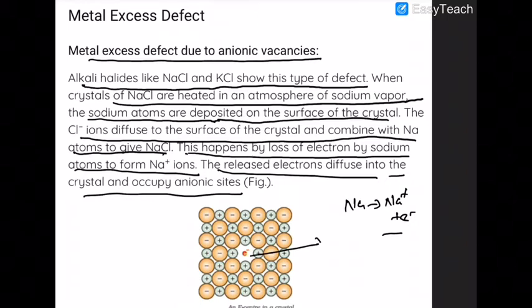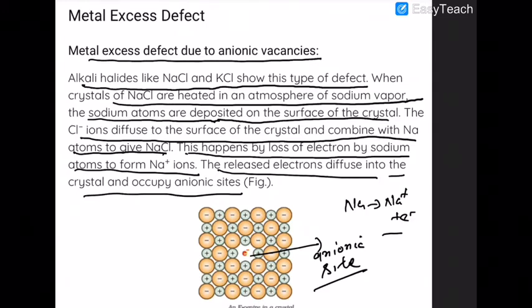Look at that. This anionic site is occupied by a free electron. This is called an F center, from Farbe, meaning color forming. Due to that only, NaCl on heating in an atmosphere of sodium changes its color.